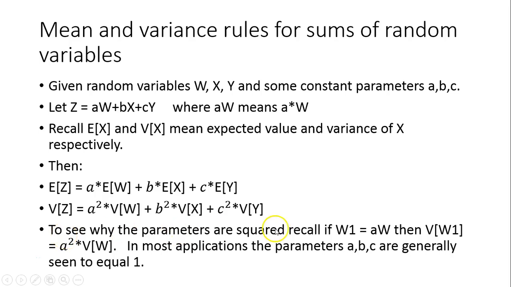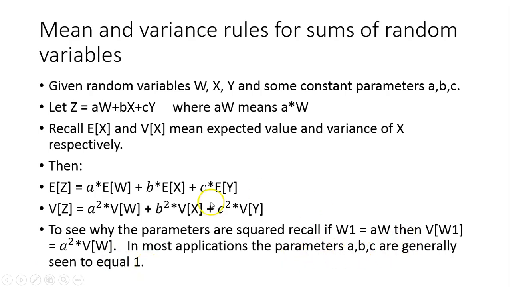To see why the parameters are squared, recall that if w1 equals aw, then the variance of w1 is a squared times variance of w. In most applications, the parameters a, b, c are generally seen to equal 1. Okay, in most applications.